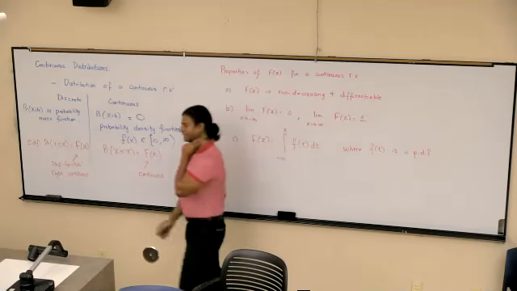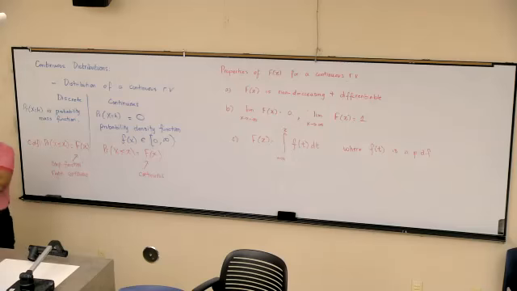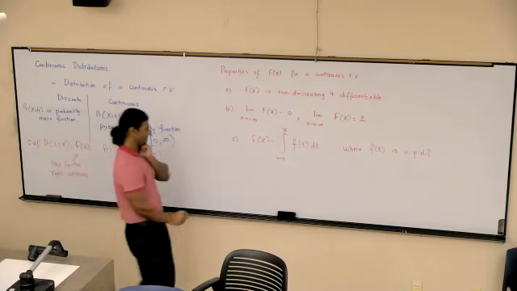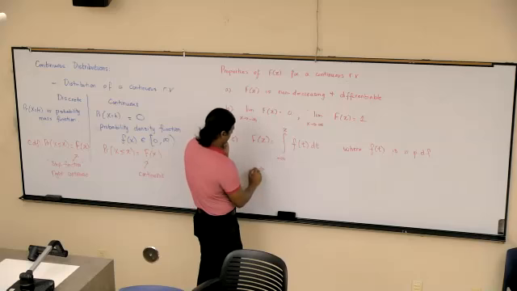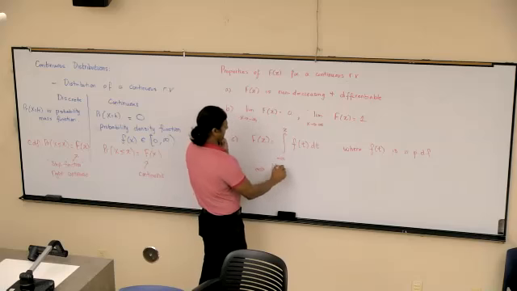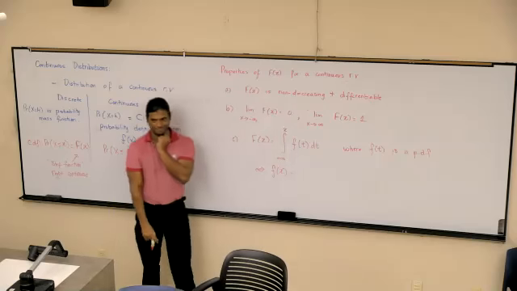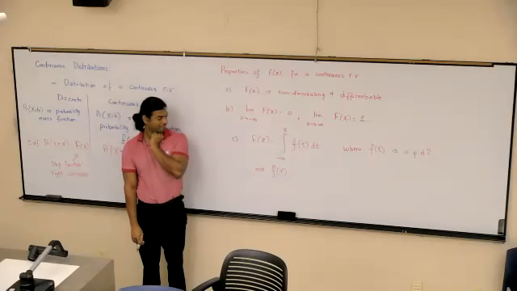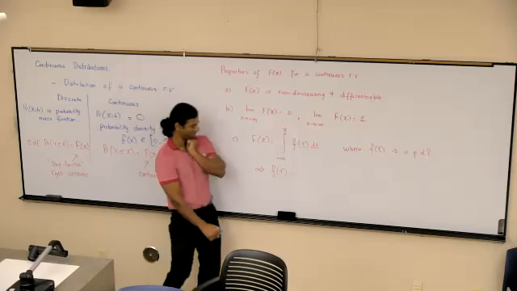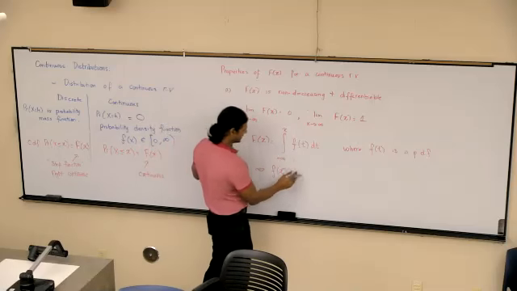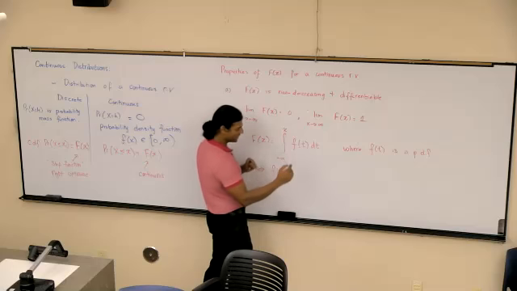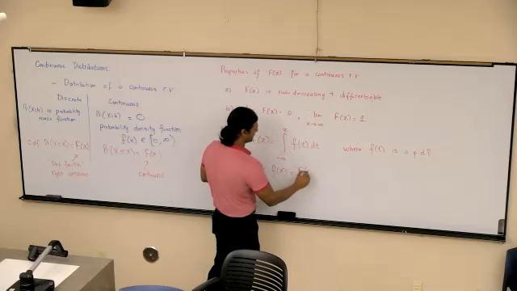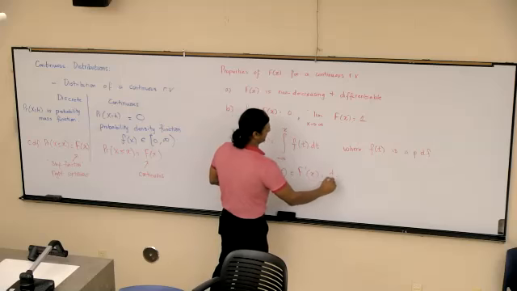f of t is a PDF. If that is the case, then what should f of x be? Calculus 1. Very good.